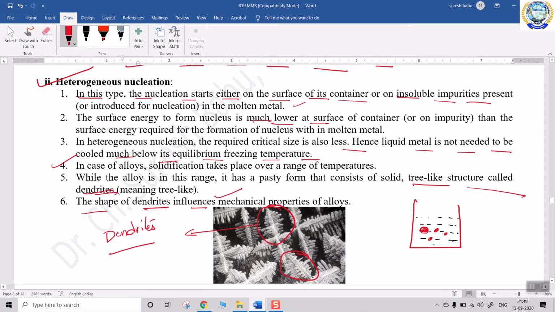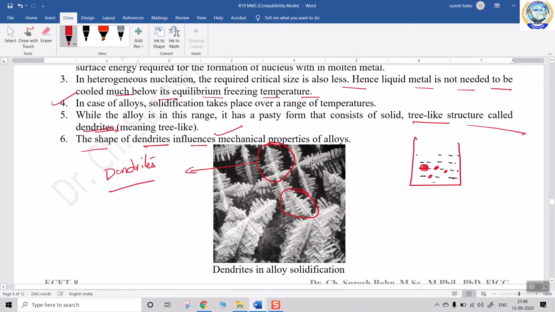Is that clear? So, in this video lecture, we learned two different things. One is homogeneous nucleation and another is heterogeneous nucleation. In homogeneous nucleation, the solution tries to form the nucleus within the molten solution itself. It belongs to pure metals only.